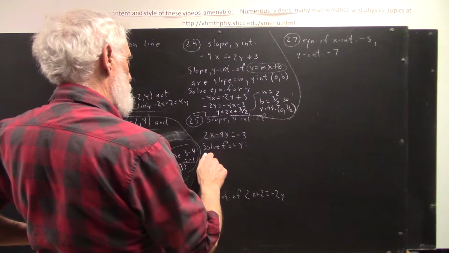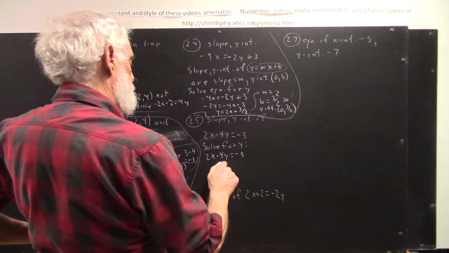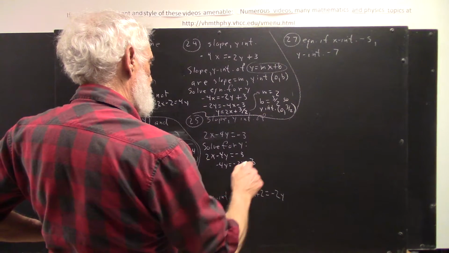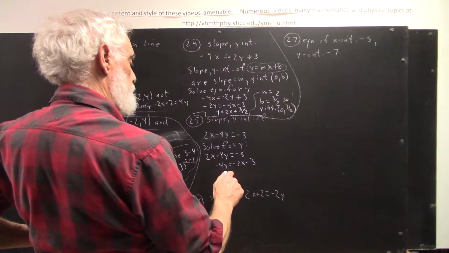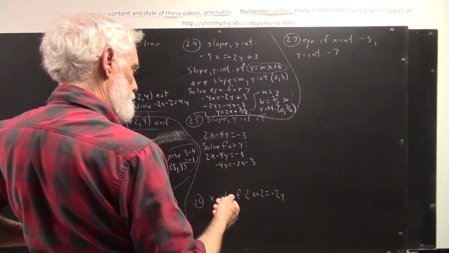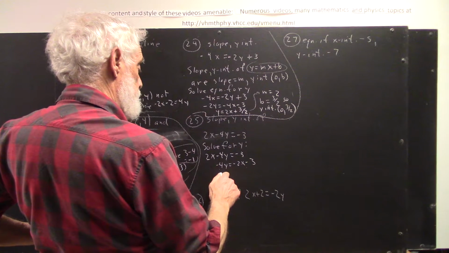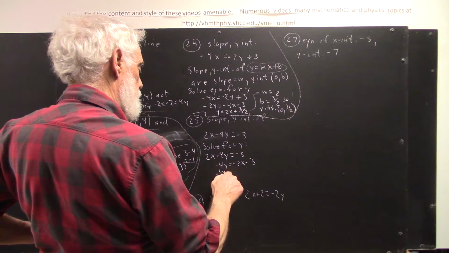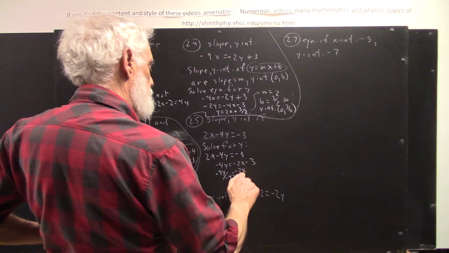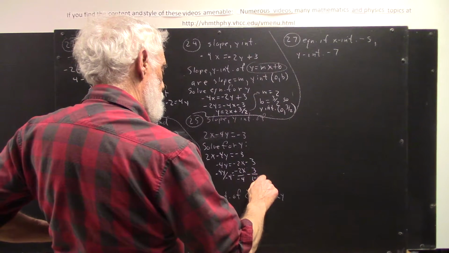Okay, so we solve for y. We have 2x minus 4y equals negative 3. So negative 4y equals minus 2x minus 3. And then dividing both sides by negative 4, we get, and I'll write out the step, negative 4y over negative 4 equals negative 2x over negative 4 minus 3 over negative 4.